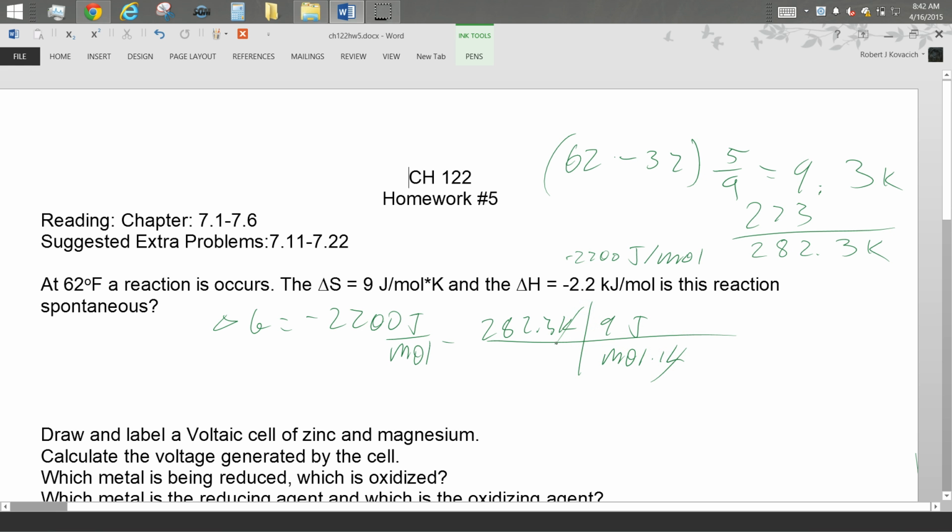The K's cancel. Times 9 equals, plus negative 2200. I got negative 4740 joules per mole.